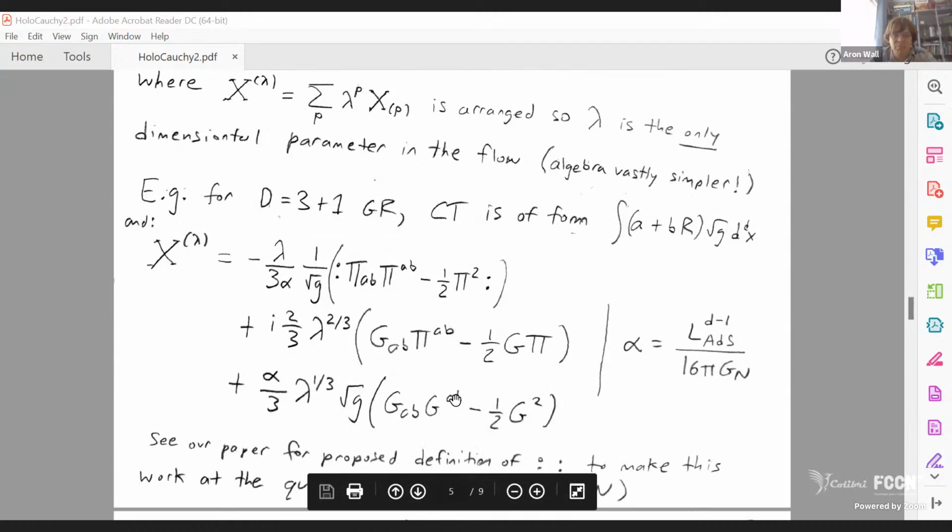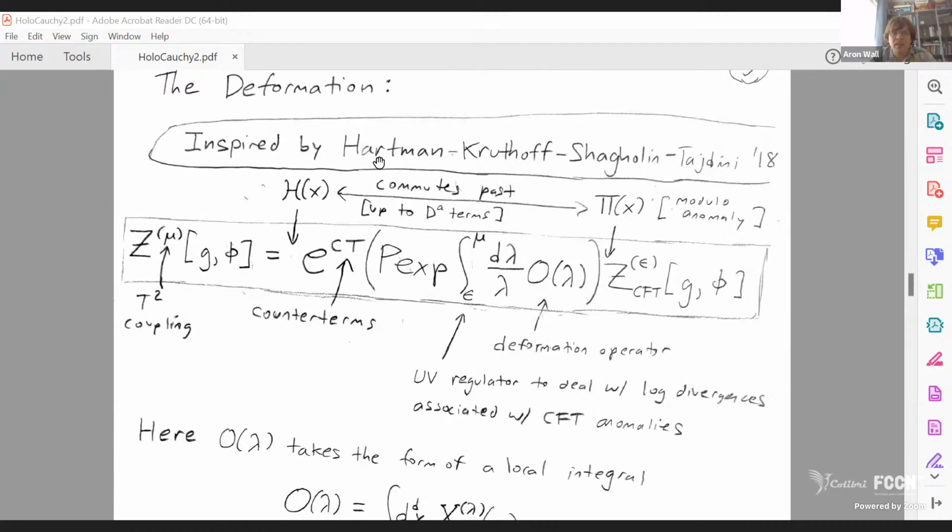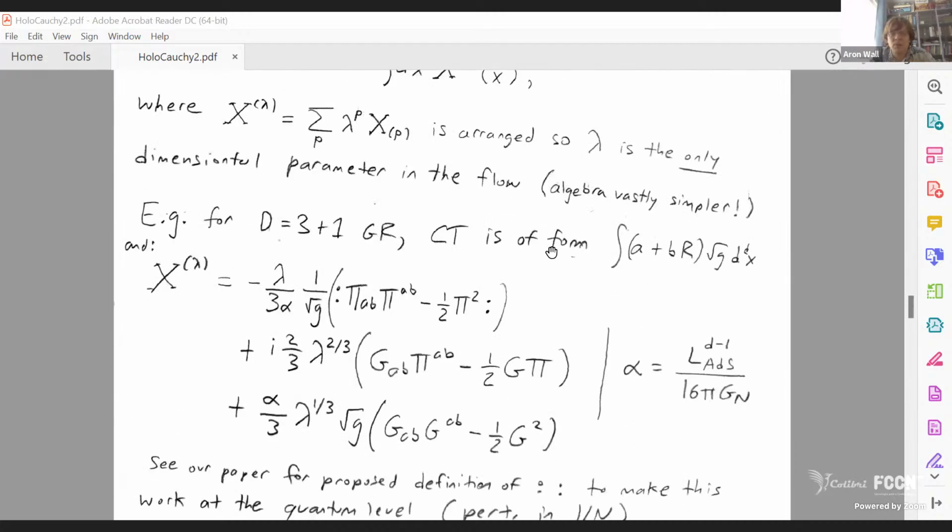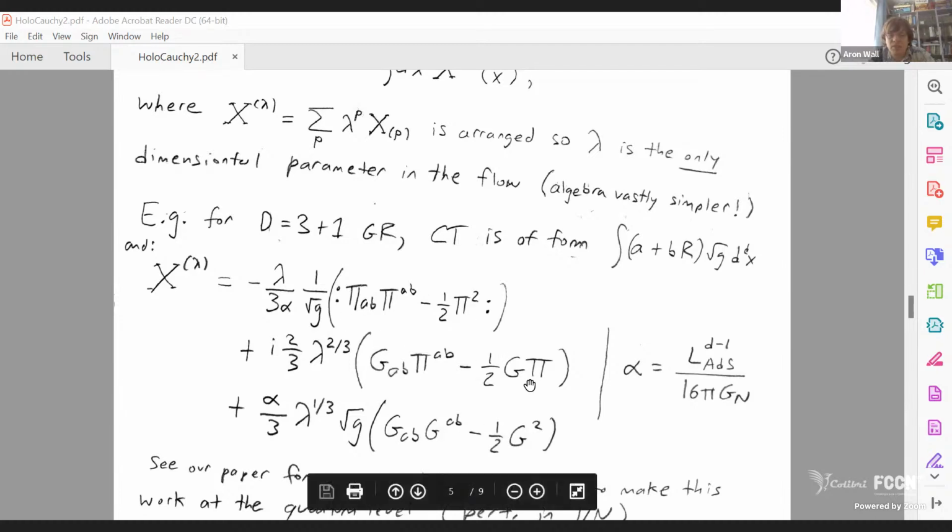Okay, so as an example, the deformation found by Hartman et al. that works to get 3+1 general relativity. If you start with a 3-dimensional holographic theory that is hypothetically dual to pure gravity at low energies, you would turn on a deformation that's quadratic in the stress energy tensor, but it's also got some terms in the quadratic expression that involve the Einstein tensor G_AB and its trace.